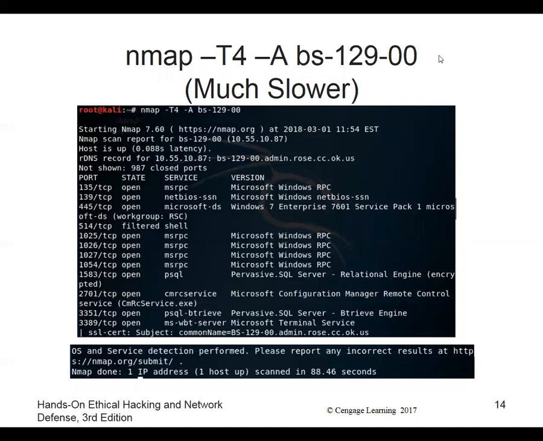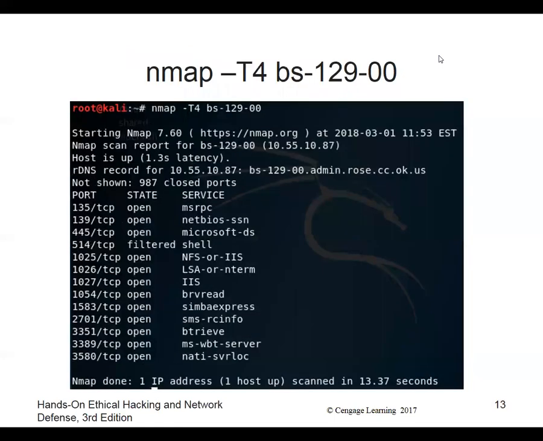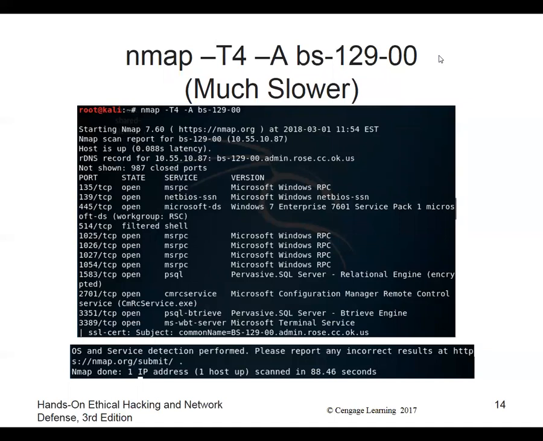Now here it is with T4 again, but now with an A. Much slower. It took 88.46 seconds. You see it down here at the bottom. That's only a very small portion of the results. It went on forever. The result was really long. I just gave you guys a sample of the results. So what it did this time, I specified the A. Now look what it's doing.